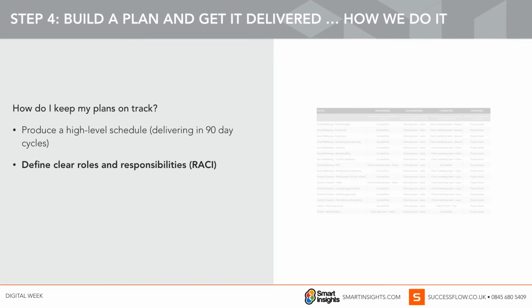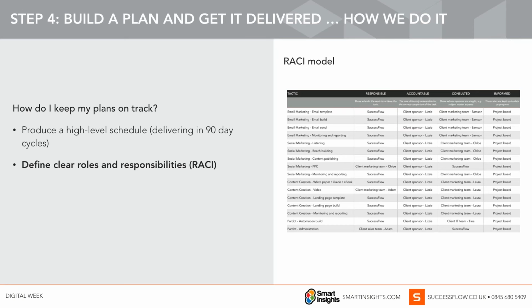There's a lot of things. As we stated earlier on, the role of the marketeer has massively broadened out. So making sure you know who's responsible and accountable, who needs to be consulted. So when do you need to get your experts in, and when do you need to ask them, and who needs to be informed? Do you need to keep IT informed of what's happening with some structure? Do you need to keep the board up to date with where you are on your KPIs and your tracking?